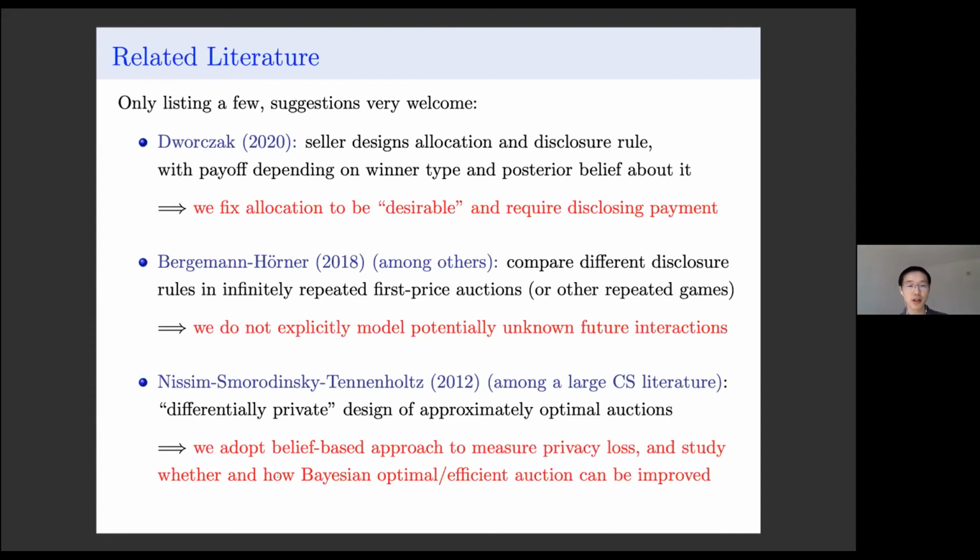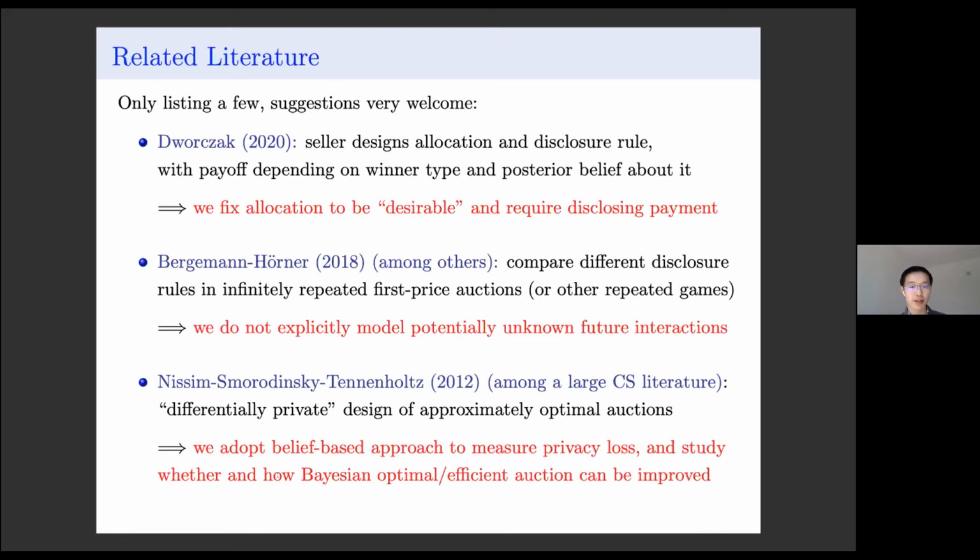So the main difference of our paper is that we take this lexicographic approach, in the sense that we fix the allocation rule to be something that is already very desirable, whether it be the efficient rule or the revenue maximizing rule. And in addition to that, we also require the seller to disclose the payment, mostly for practical reasons. And because the seller is already disclosing the payment, disclosing more information can obviously only hurt privacy. So in our problem, there's not really a design of the disclosure rule.